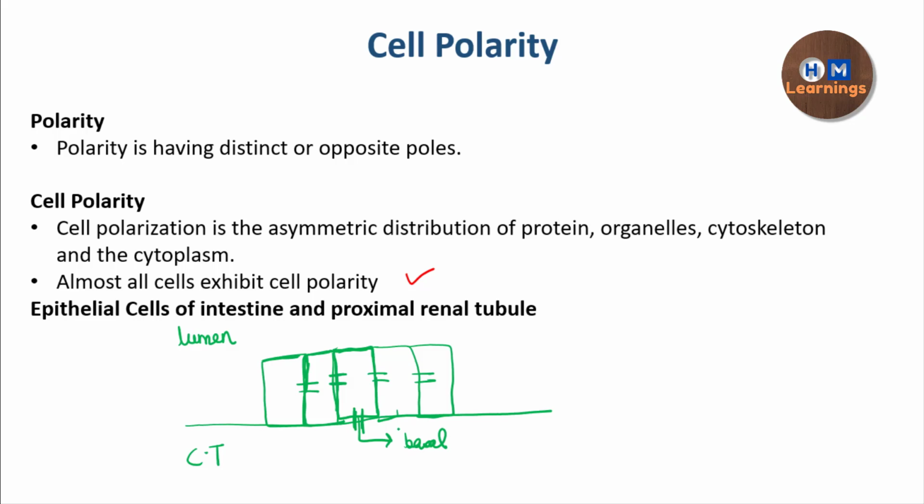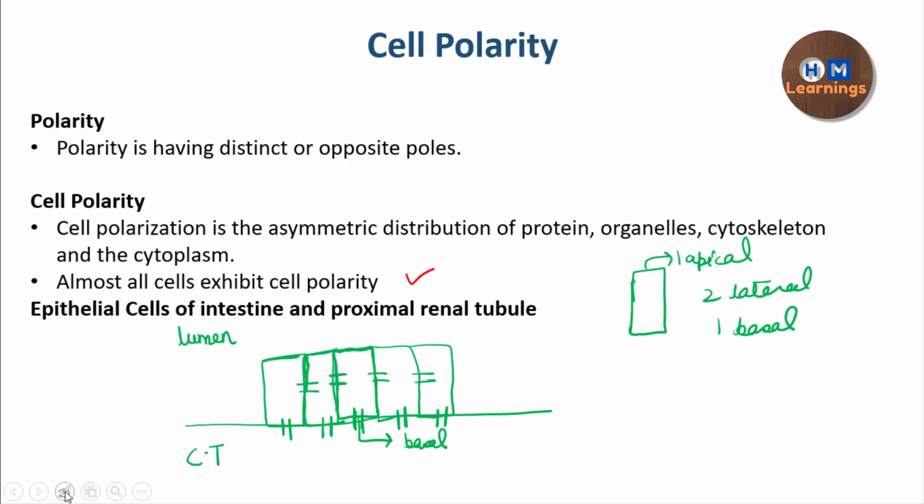This basal membrane is the membrane through which it is attaching to the basal lamella. So this is a 2D structure. In the 2D structure, you consider it as a rectangle which has one apical side, two lateral sides, and one basal side.